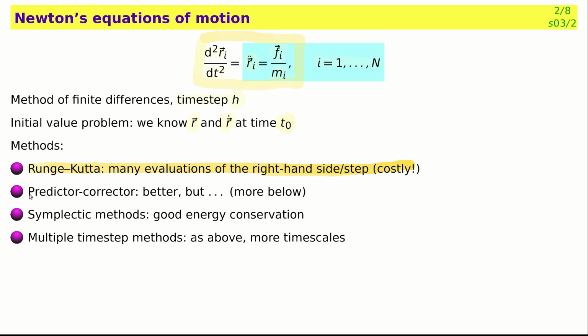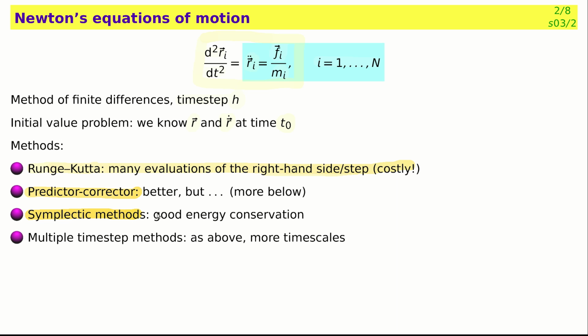Another type of method that you find in textbooks of numerical mathematics are the so-called predictor-corrector methods. They are better and sometimes used, but still this is not the method of first choice. The methods of first choice are the methods which are called symplectic. I will speak about them.